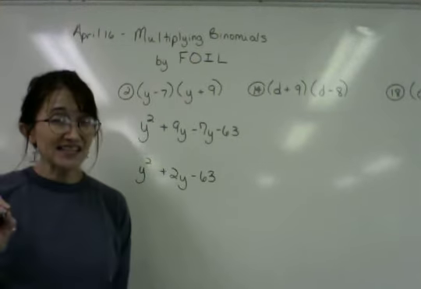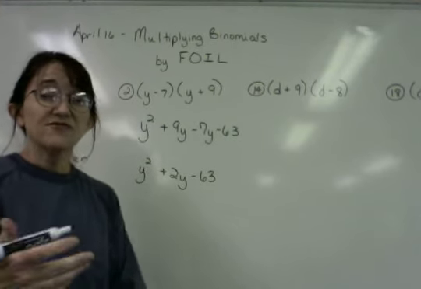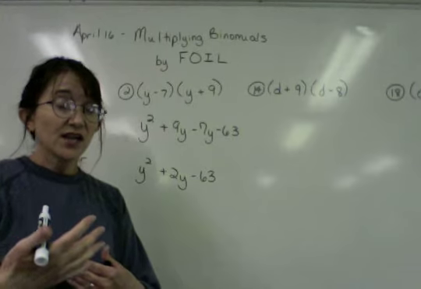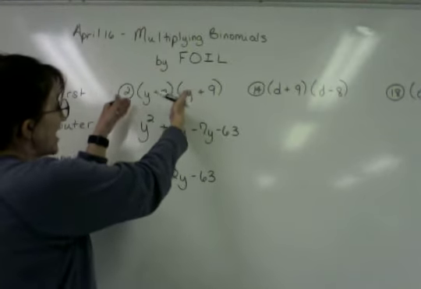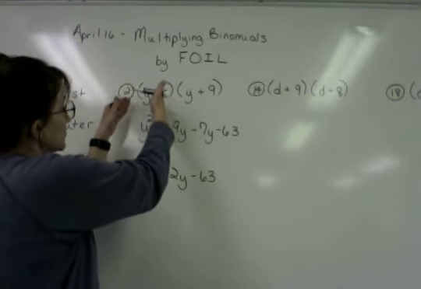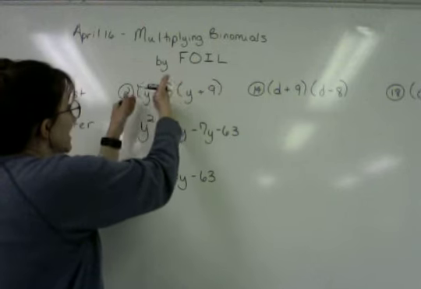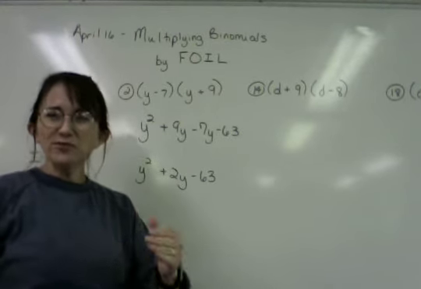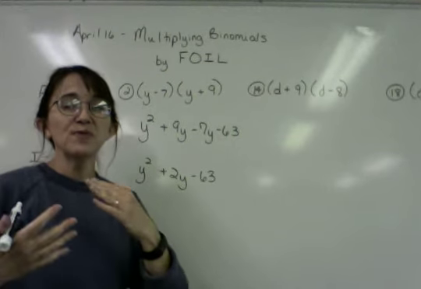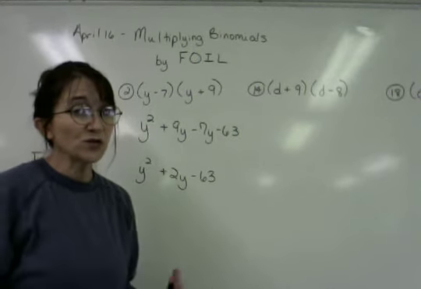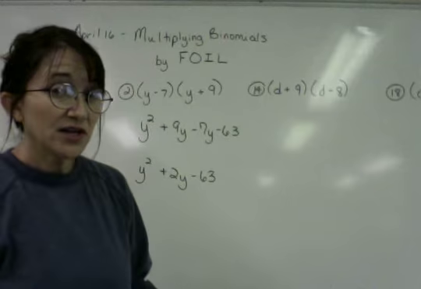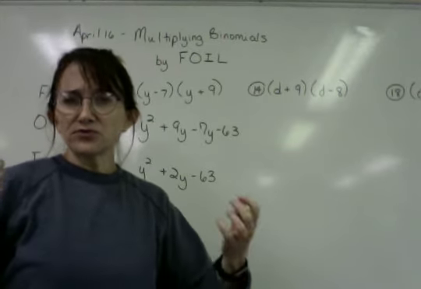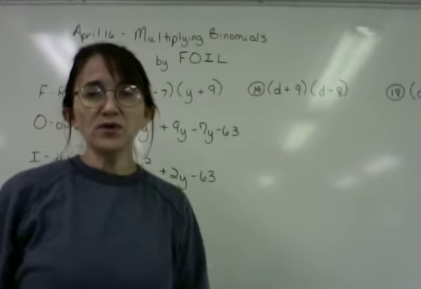That's the exact same thing we would have gotten if I had separated out this term and multiplied the y to that, and then multiplied the negative 7 to this binomial. It's just a quicker method to use with binomials. And in algebra, we use binomials a lot. Your next chapter is going to be about recognizing special products of binomials.